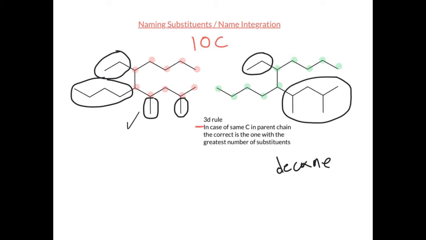How do we name it now? We see that we have a methyl group in number 2, another methyl group in number 4, and we have a butyl group in number 5 and an ethyl group in number 6. Between methyl, butyl, and ethyl, butyl comes first, so the name of that compound will be 5-butyl.